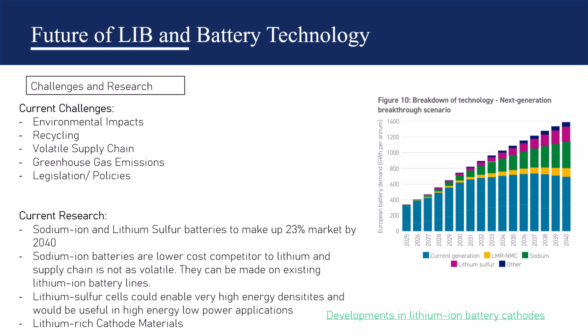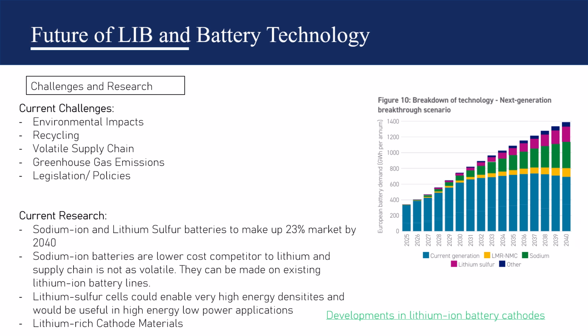Some current research of battery technology that might be something to look forward to is that of sodium ion and lithium sulfur batteries, which are expected to make up 23% of the market by 2040. Sodium ion batteries are a lower cost competitor to lithium, and the supply chain is not as volatile. They can be made on existing lithium ion battery lines, which makes them more attractive.